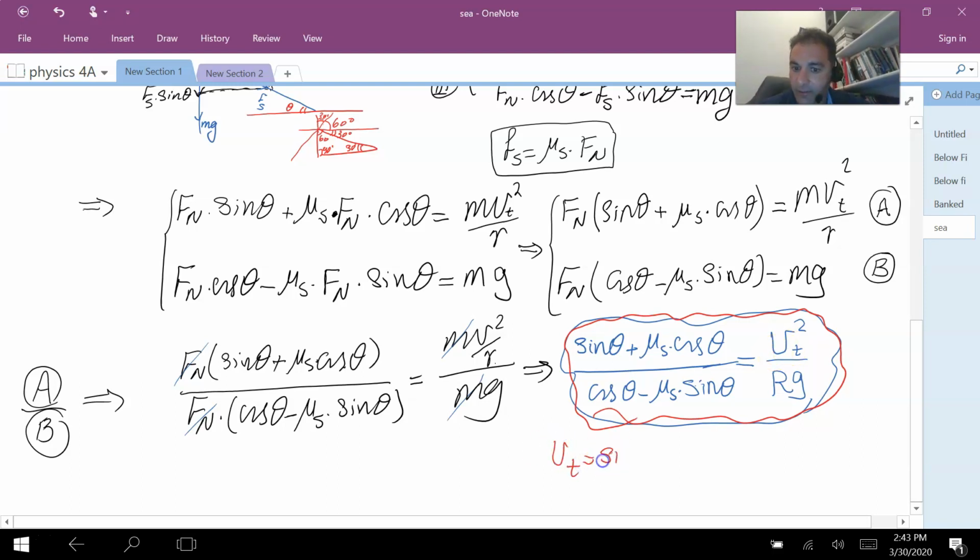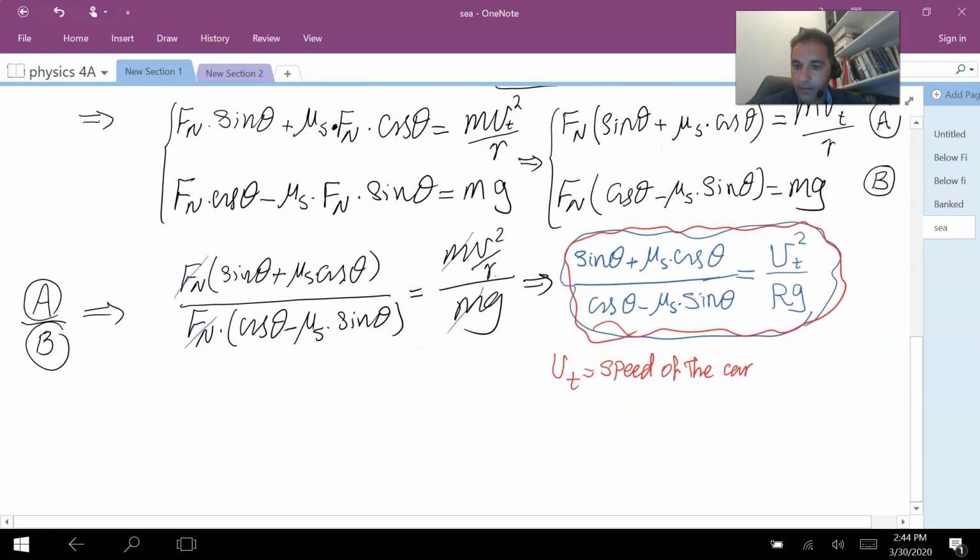It's the speed of the car, which is tangent velocity. What is theta? It's the angle of the banked curve.